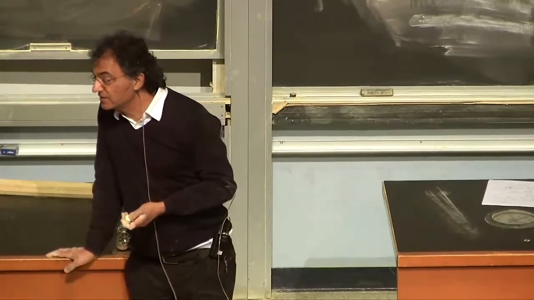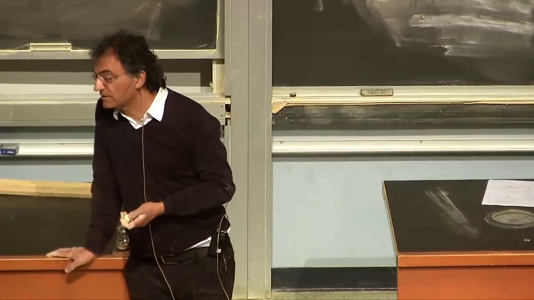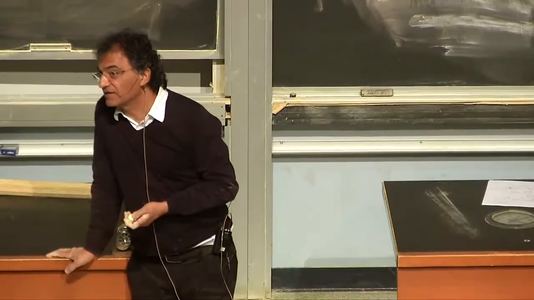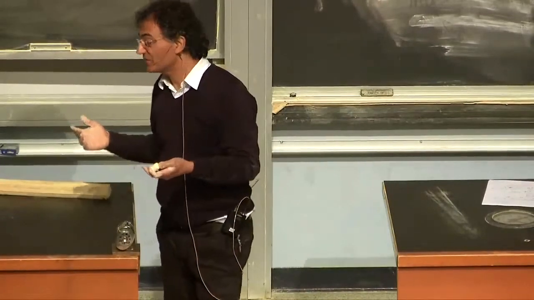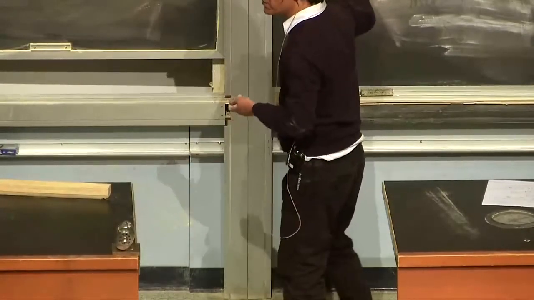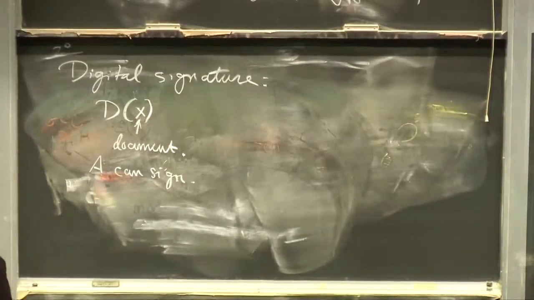Does that give any hints about what the encryption key is? Well, the encryption key is known to everybody. The question is whether the decryption gives you some hint about the decryption key. Yeah, and so these are things one worries about.